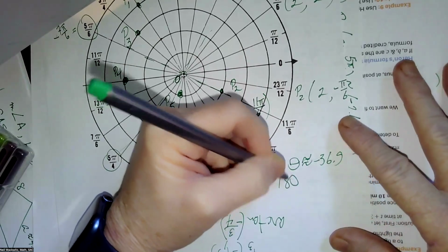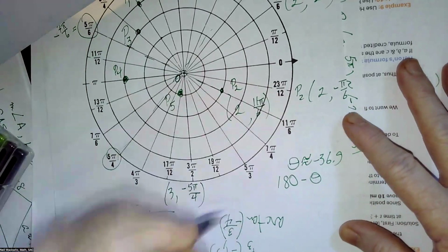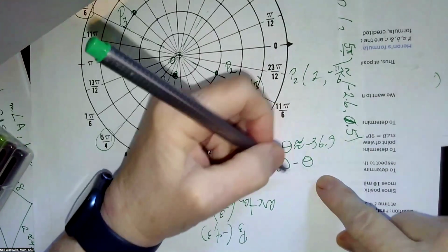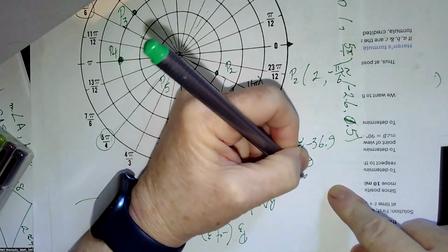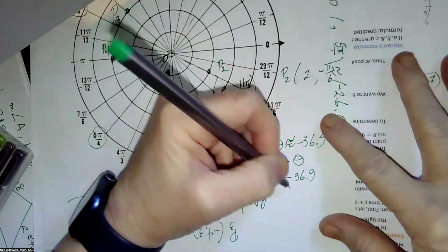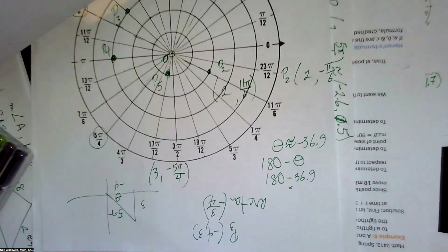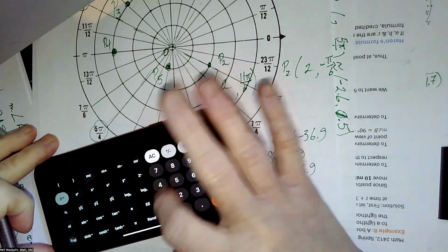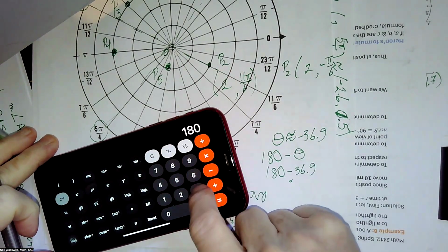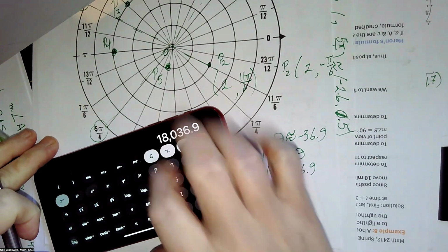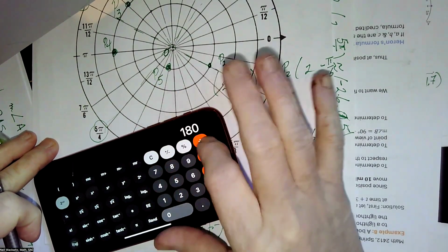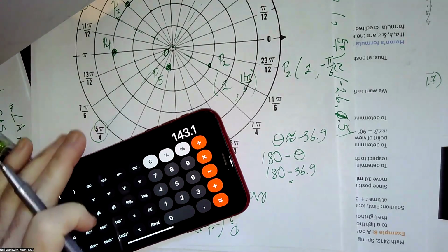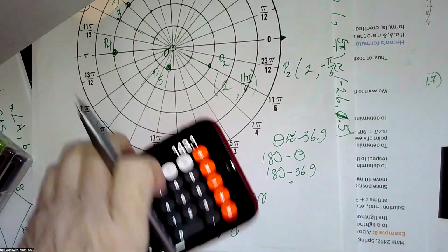And then you do 180 minus theta to get the angle in the second quadrant. So 180 minus 36.9. We get 143.1.